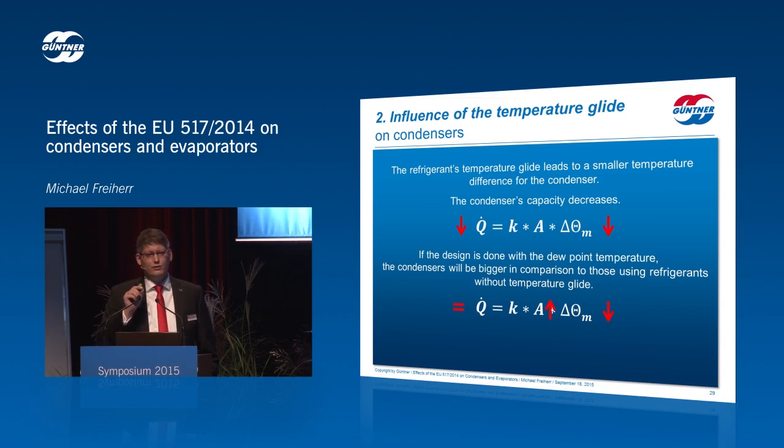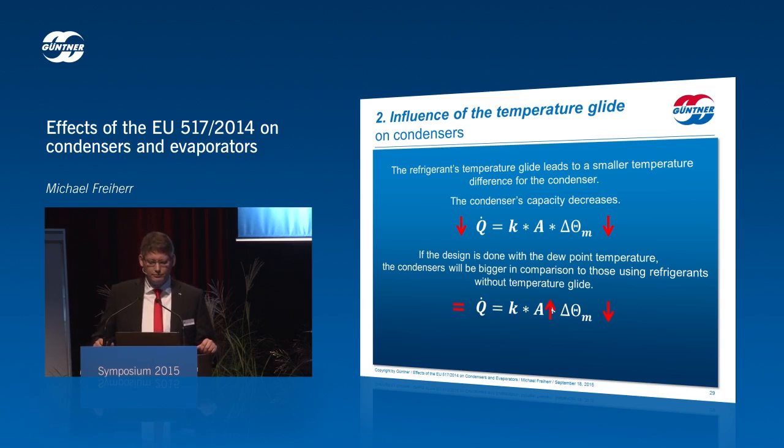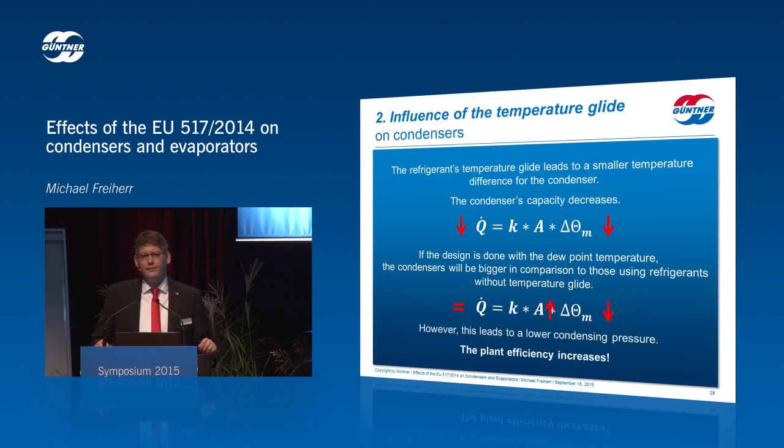So the condenser with this design would have a higher capacity. And the positive side effect is that the capacity of the system is higher because the temperature of condensation is lower.